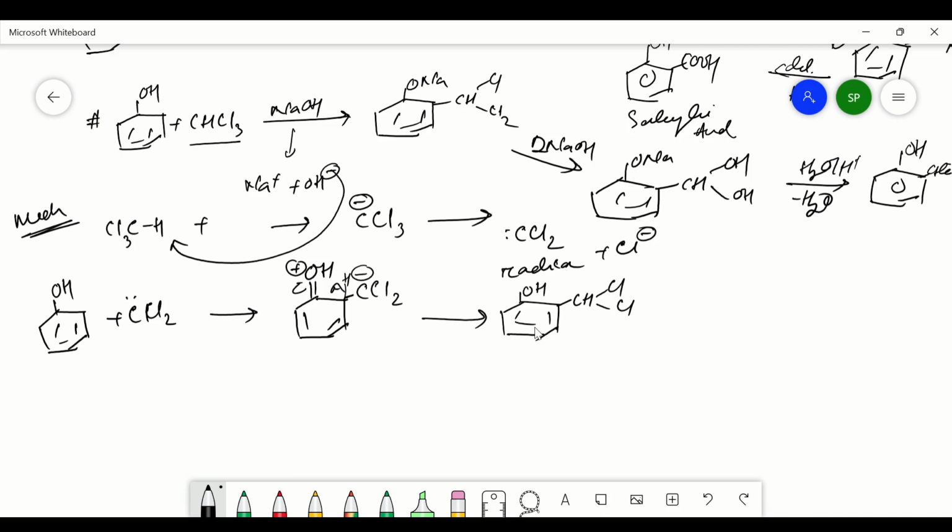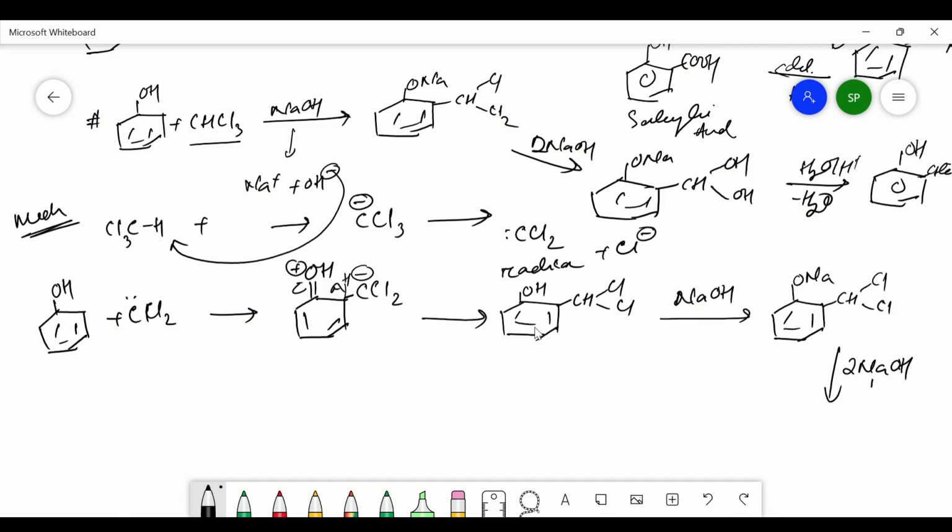Okay, as this is OH and reacts with aqueous medium in presence of sodium hydroxide, NaOH, this will produce ONa and CHCl2. Now this will further undergo 2NaOH.